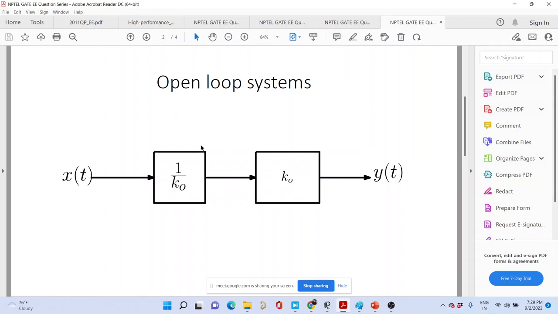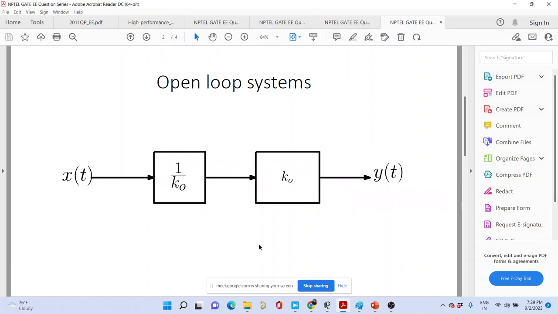So everyone is answering the same thing. What I am saying is, if the system is somewhat like this, 1 by k0, and I'm multiplying with k0, then the error will automatically become 0, right? Then what was the need for comparing and making systems complex? To make the input go faster. Faster than open loop? How would it be faster than open loop?